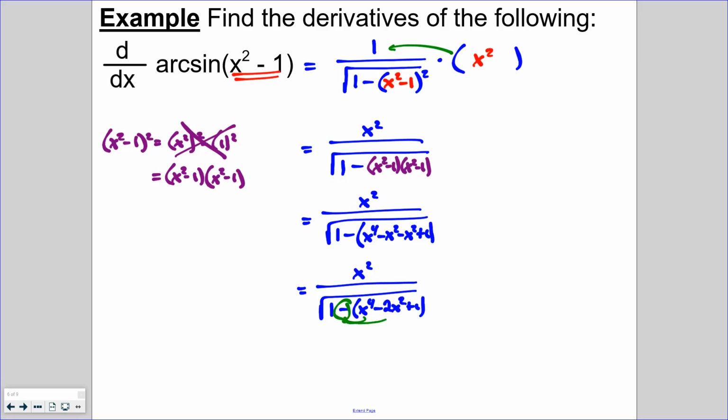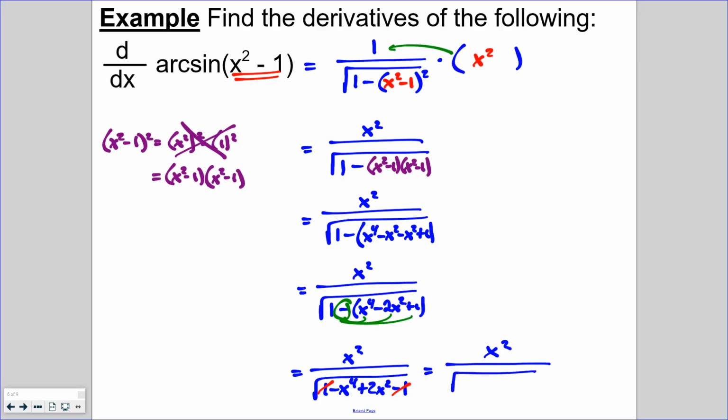We can then take the negative and distribute it through, which is going to give us the square root of 1 minus x to the 4th plus 2x squared minus 1. From here we can see the positive 1 and the negative 1 cancel out, which leaves us with our final simplified derivative over the square root of negative x to the 4th plus 2x squared.